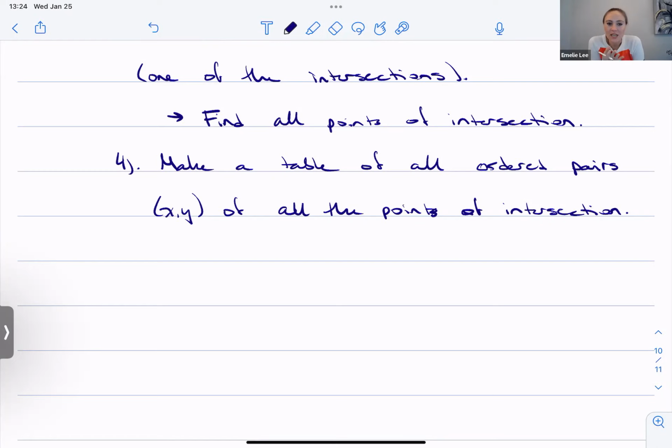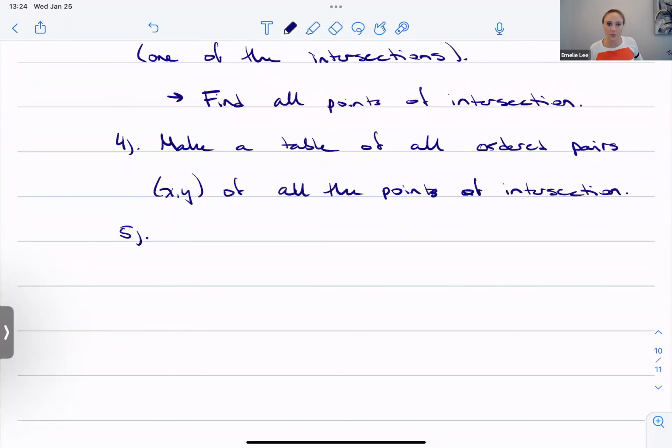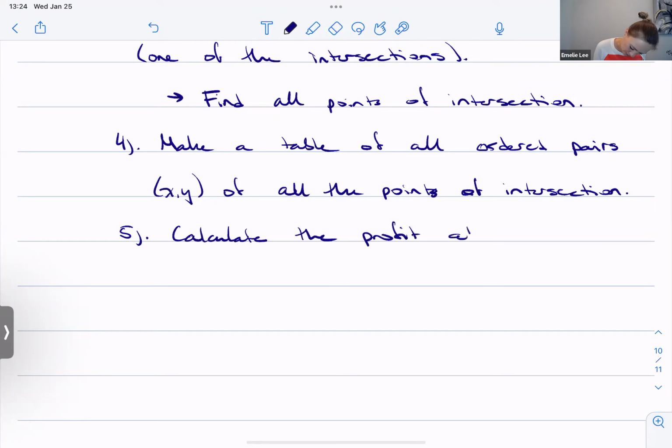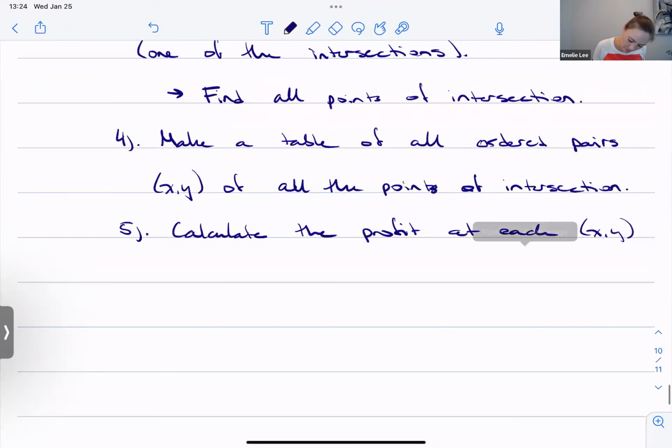Then, just like we did when we made a table of X values, and then I plugged them into Y to find the ordered pairs for drawing our straight lines, kind of similarly, we're going to calculate the profit at each XY combination.